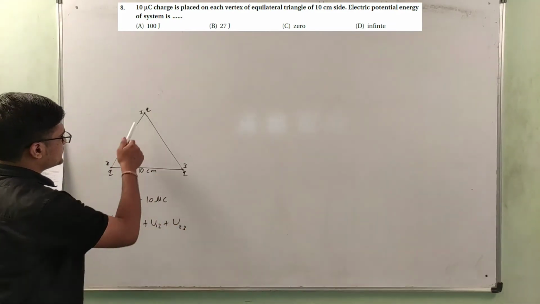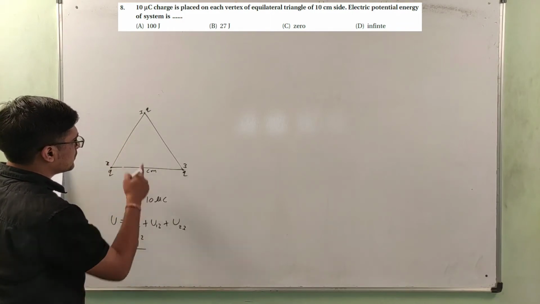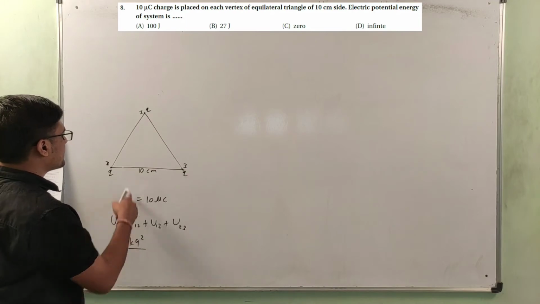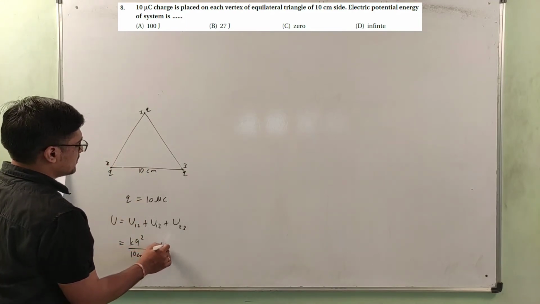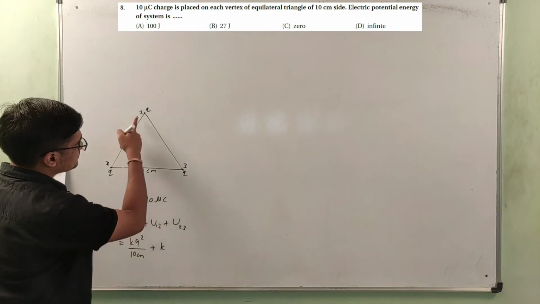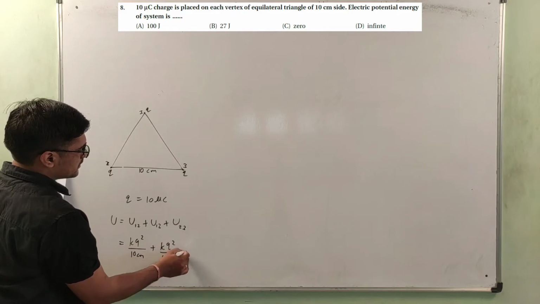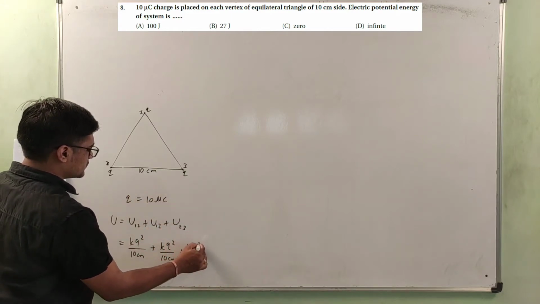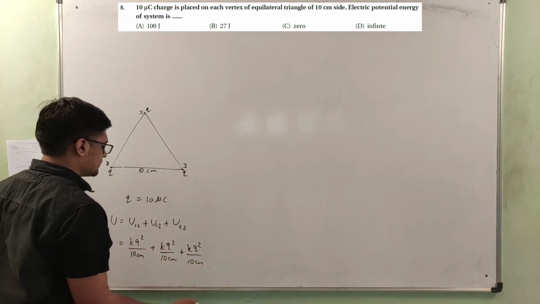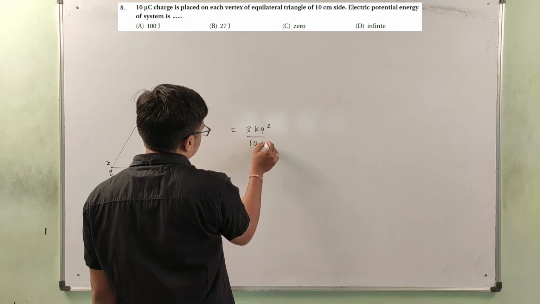So the potential energy of a pair of charges is K Q1 Q2 divided by the distance. Here it is K Q square by the distance between them, 10 centimeter, plus between 1 and 3, K Q square by 10 centimeter, plus between 2 and 3, K Q square by 10 centimeter. So this is equal to 3 times K Q square by 10 centimeter.